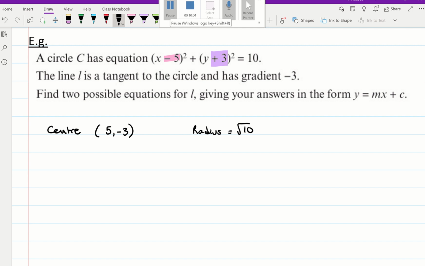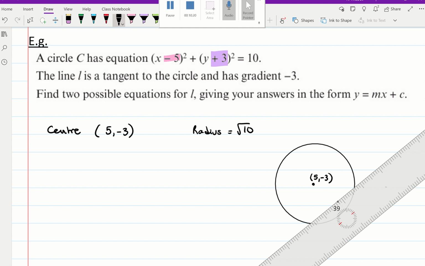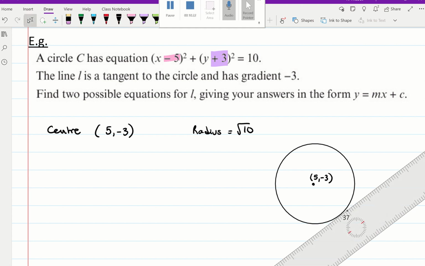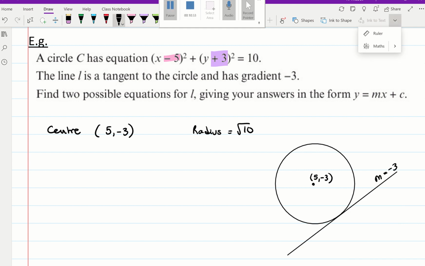Okay, so I'm going to draw just to visualize and see if there's anything I need. So this is my center, 5, negative 3. And there is a tangent to the circle. I'll put it here. And I know that this tangent, the gradient, is negative 3.